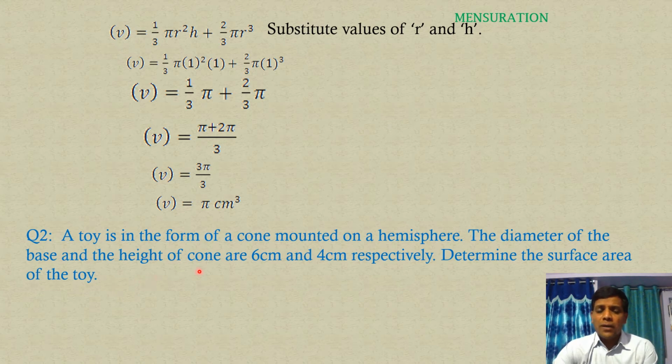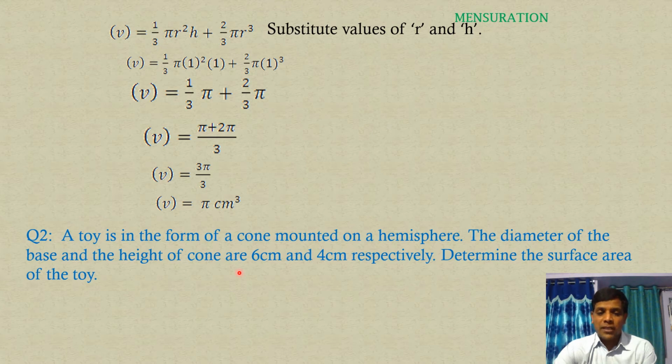Do you know the formula for surface area of a cone and hemisphere? LSA or CSA, curved surface area of a cone, pi RL. Total surface area TSA of a cone equals pi R into L plus R. And hemisphere, CSA of hemisphere 2 pi R square. TSA, total surface area of a hemisphere, 3 pi R square.